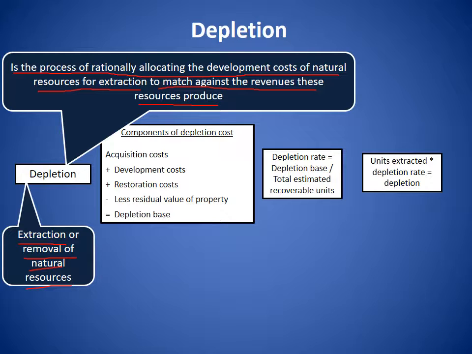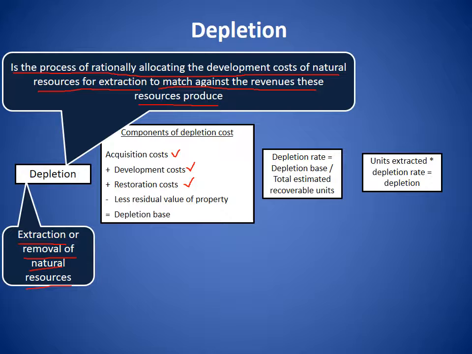And these normally include acquisition costs, development of the property costs, and any restoration cost that the company estimates they will incur as a result of federal, state, or local requirements to restore property back to its original use or back to some other type of use as prescribed by law.